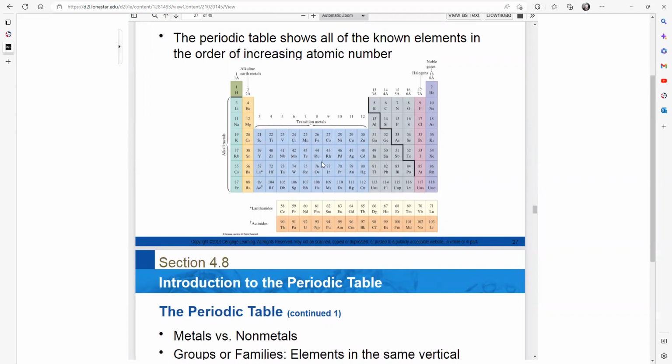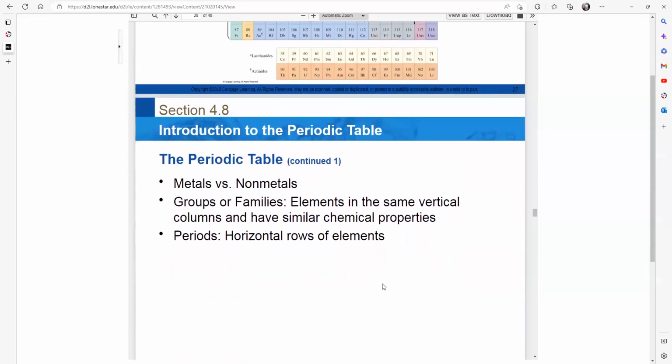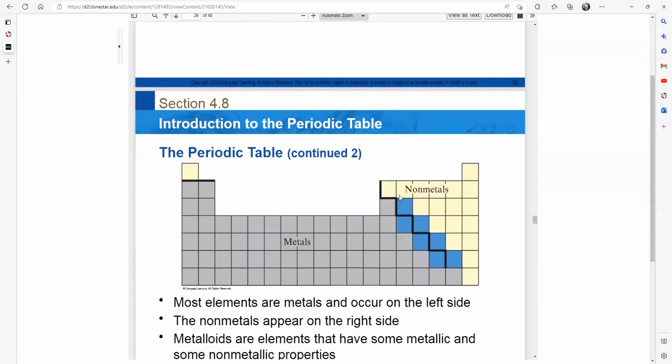As you can see, we have more metals than non-metals.